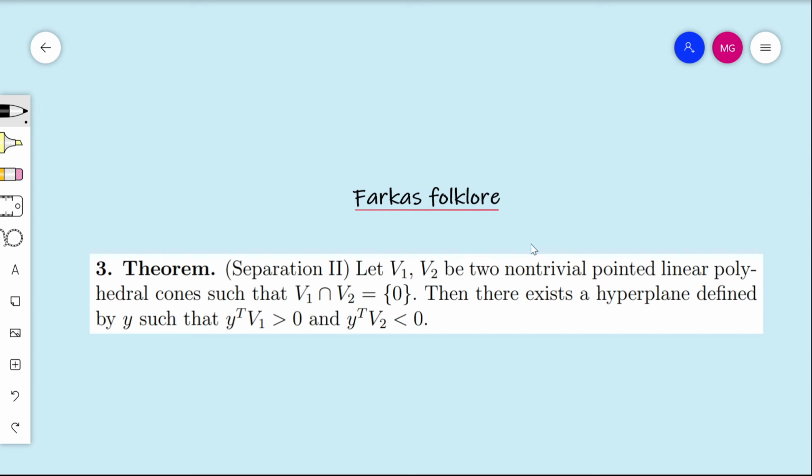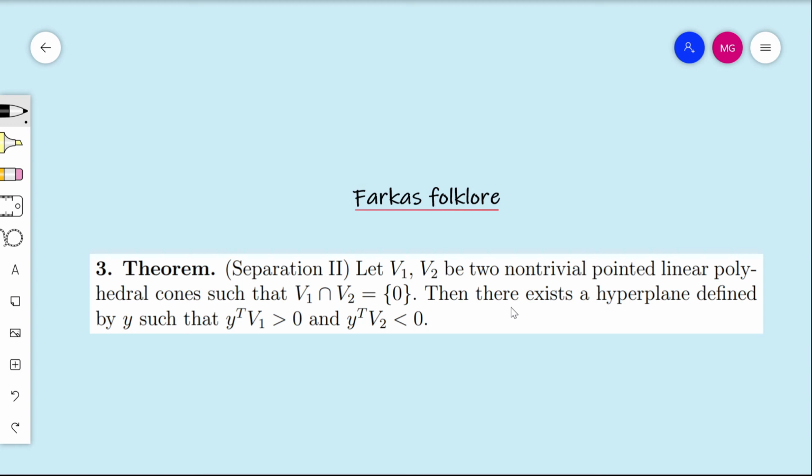So this first theorem is an example that's talking about separating hyperplanes. If V1 and V2 are pointed linear polyhedral cones that intersect only at the origin, then you can define a hyperplane by this vector y that satisfies these constraints, which is equivalent to saying that it's a separating hyperplane.